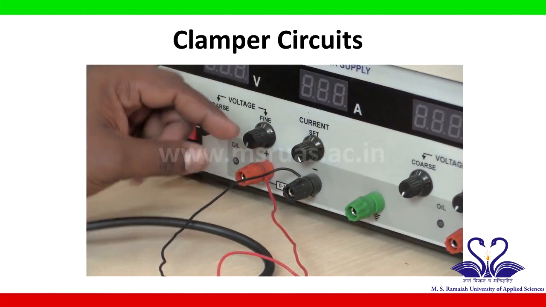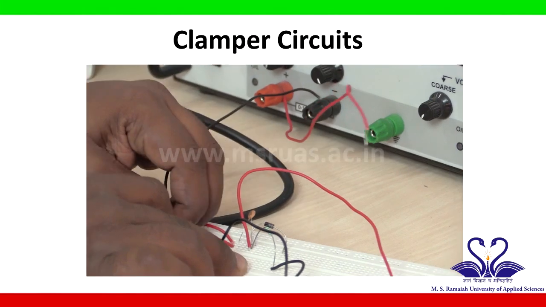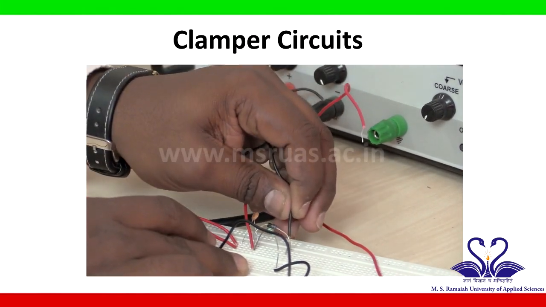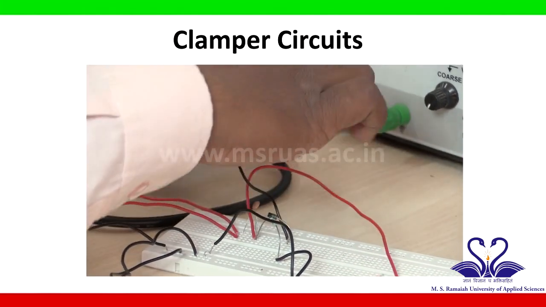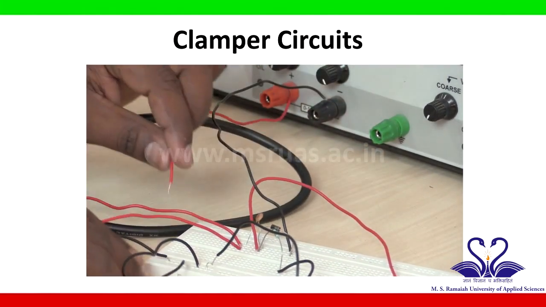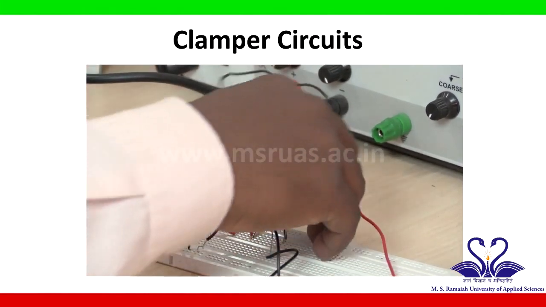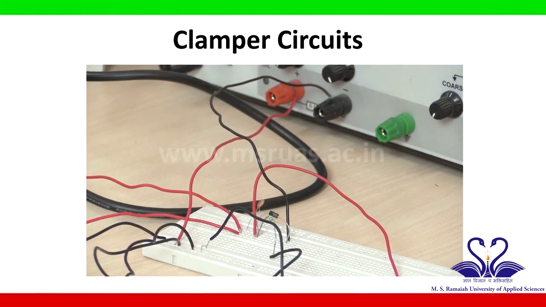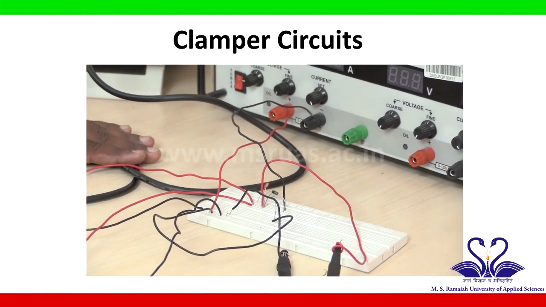I will connect positive to the ground and negative to the N side of the diode. So I will just interchange the positive terminal and negative terminal. Now this is the circuit connection for a negative clamping circuit.